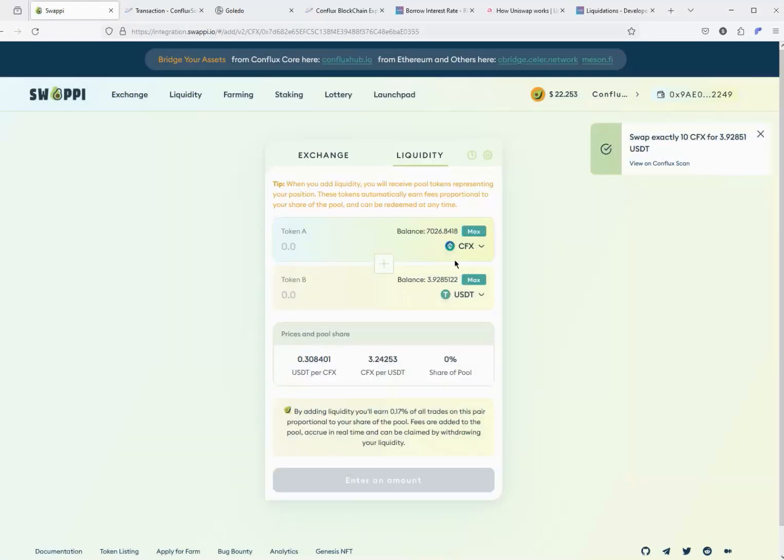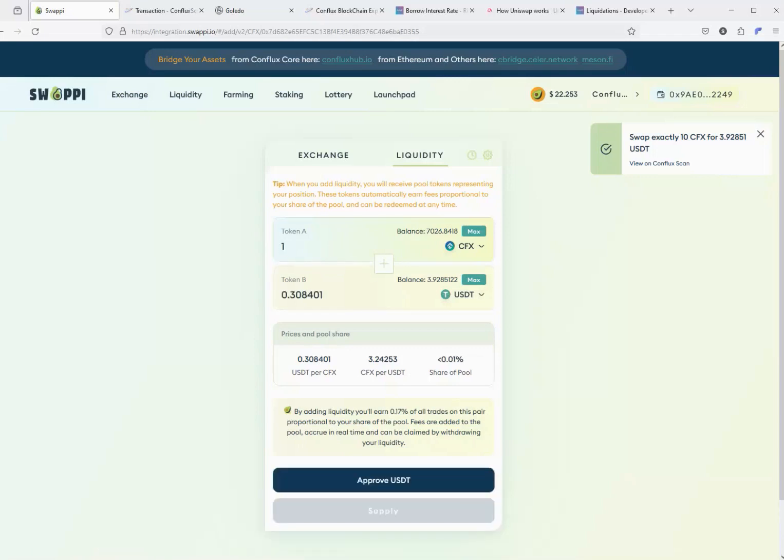If we see the liquidity, if we select the CFX and the USDT, and we want to add 10 CFX, it will calculate the corresponding amount of the USDT, because whenever adding the liquidity, the smart contract must make sure the price won't change.